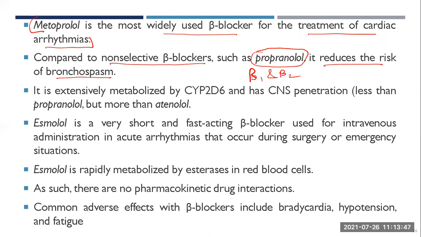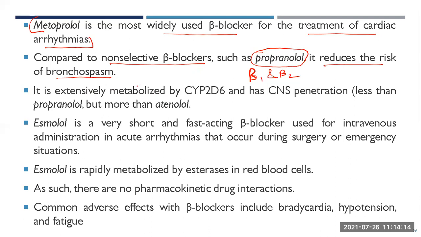That's why propranolol suffers from the adverse effect of bronchospasm, and that's why it is contraindicated in case of asthma. But that's not a problem with selective beta blockers, as they selectively block only the beta 1 receptor. They don't have any effect on the beta 2 receptor. That's why they can be utilized in case of bronchial asthma also.